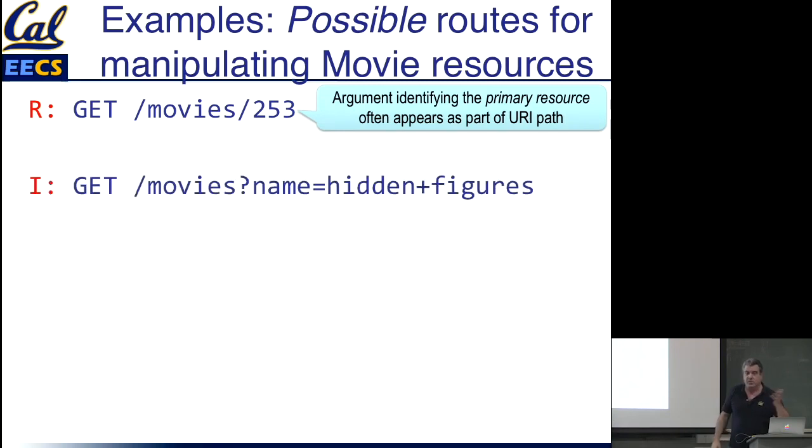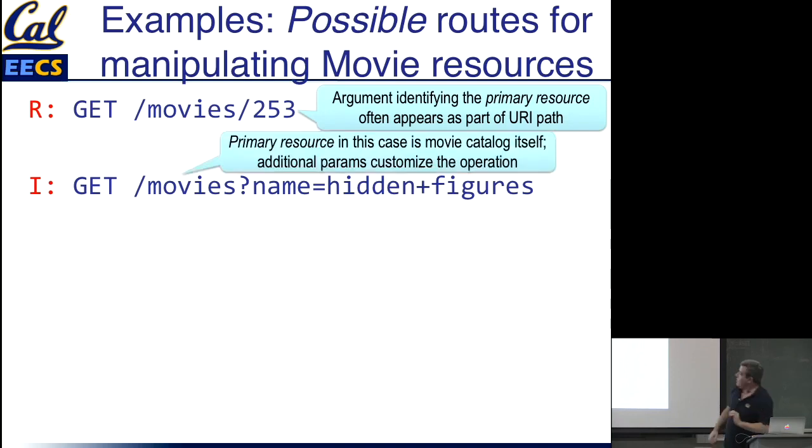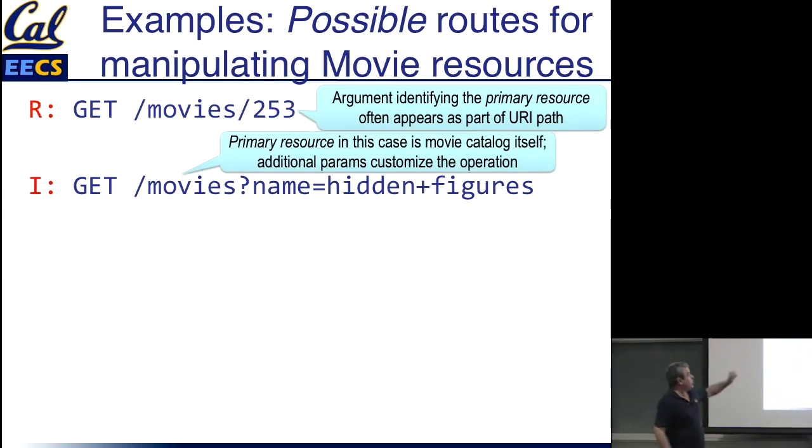What about index? We already saw get /movies. Here's a version of how it might look if our API supported an optional argument called name, which could be used to filter down the results to only match things that had these terms in them. In this case, the primary resource is the movie catalog itself, right? So we're still doing a get because we want to read the resource. What's the resource? /movies with no other qualifiers.